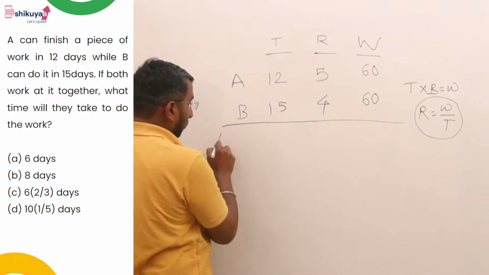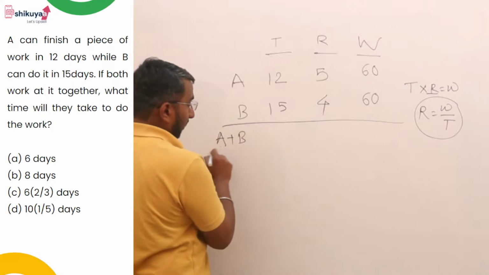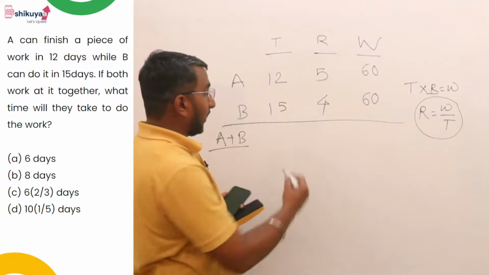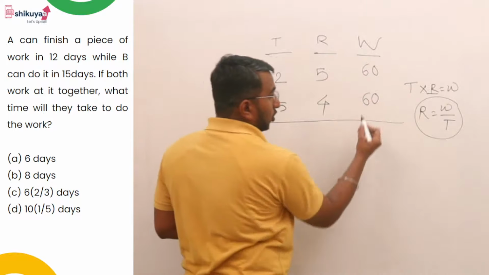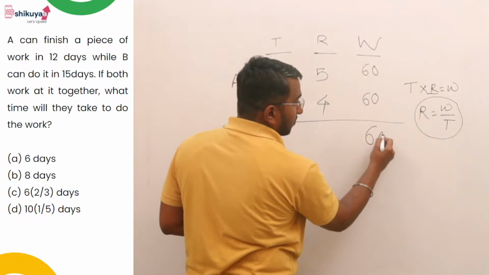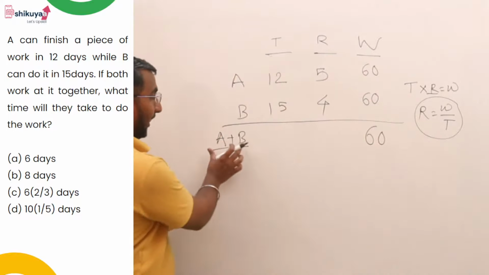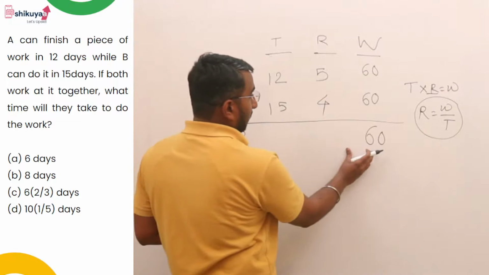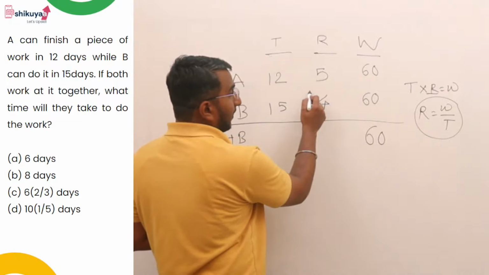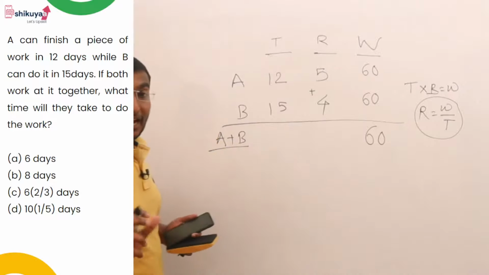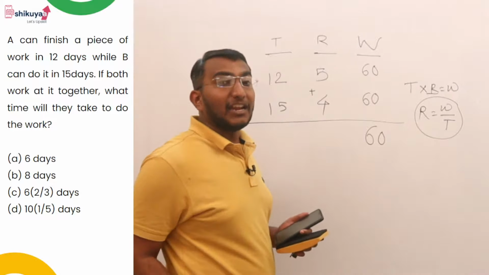Now I have to calculate how much time A plus B together will take. The work done I'll again assume to be 60, the same for A and B together as well. The rate will be combined because A and B have worked together.